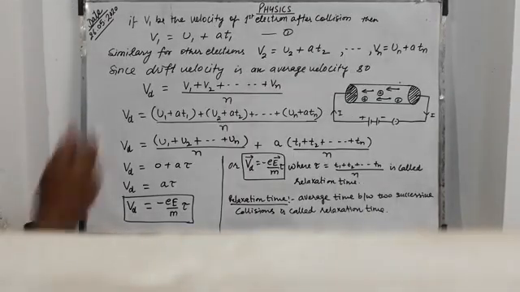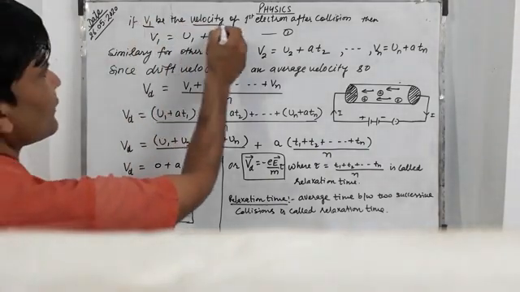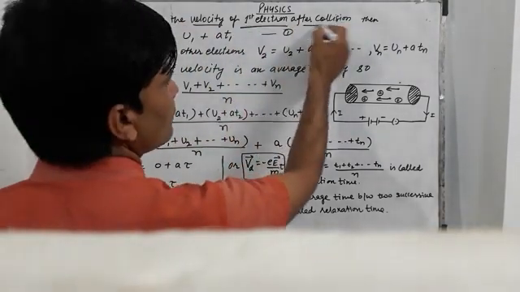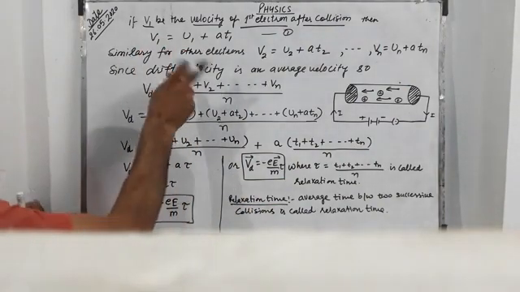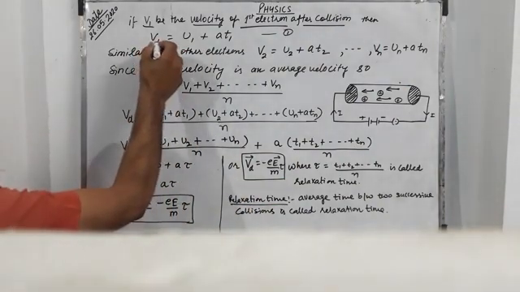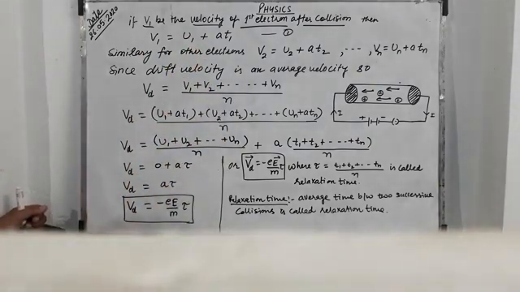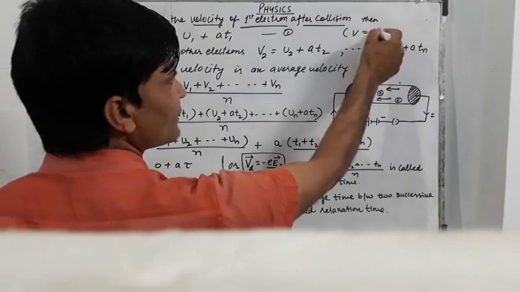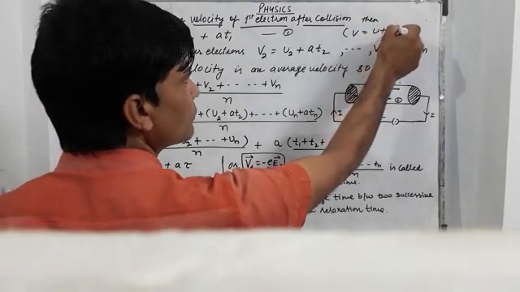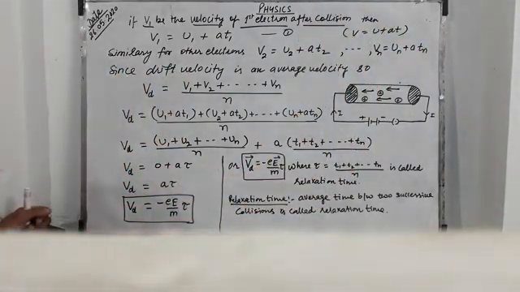Okay, now if v1 be the velocity of first electron after collision, then from the first equation of motion we have v1 is equal to u1 plus a t1, because the first equation is v is equal to u plus at.